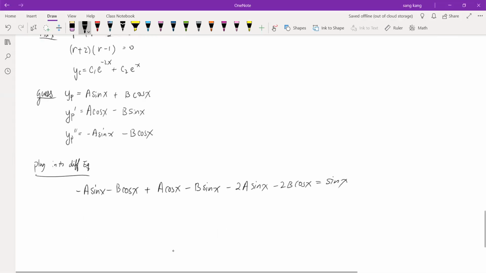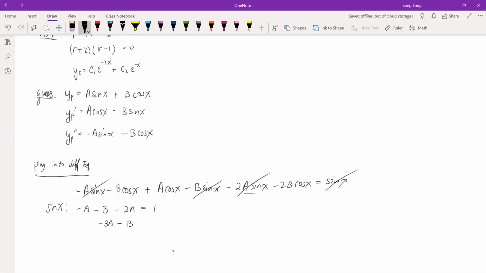So I want to gather all of the terms with sine in front of it. So that's negative a, we have a minus b, and we have a minus 2a. This equals 1. So we used up this, and this, right? And this. So we're not going to be able to solve for both of these, obviously.